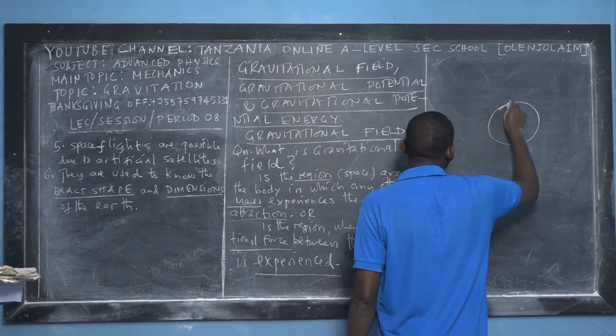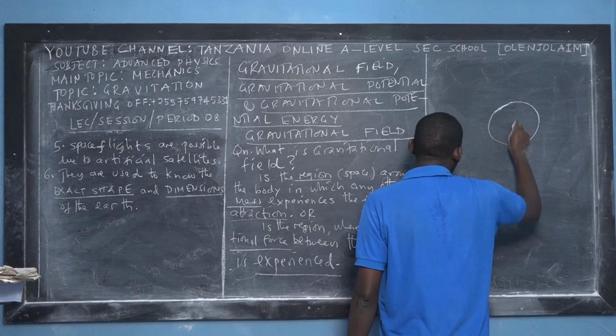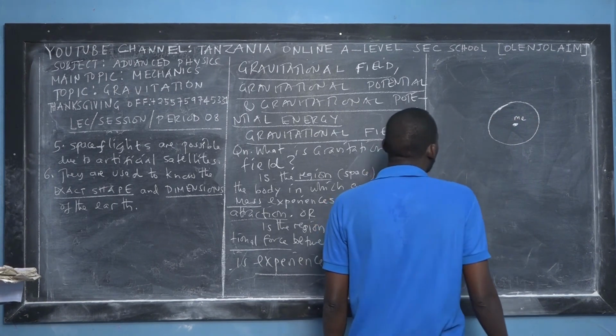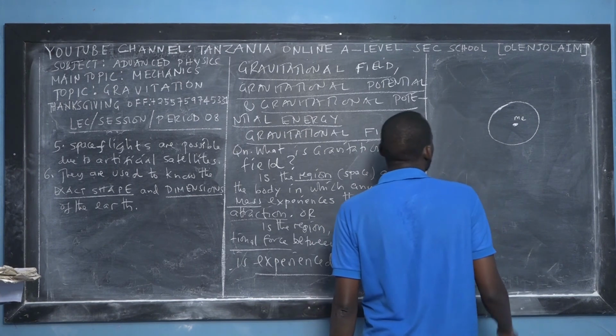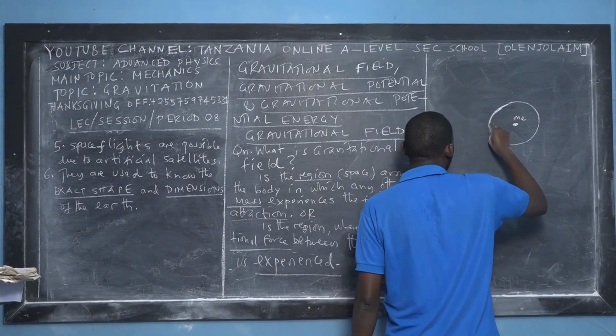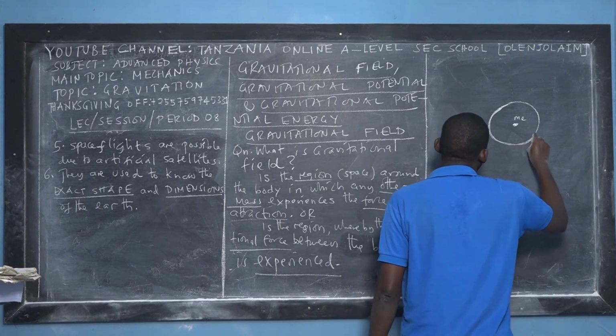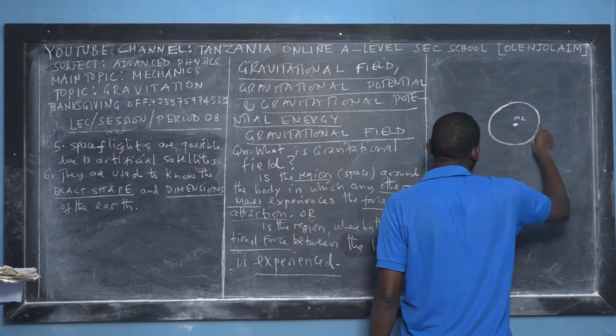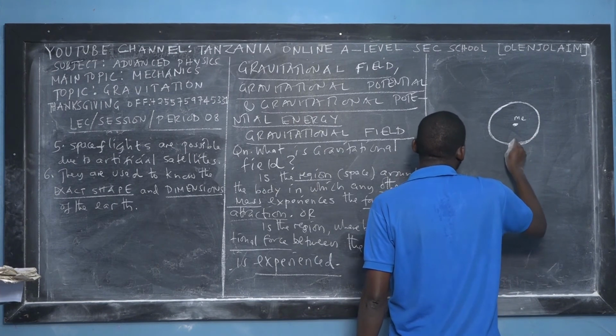This is the Earth's surface. This is the center of the Earth. We assume that the Earth is a circle, or an orbit, depending.